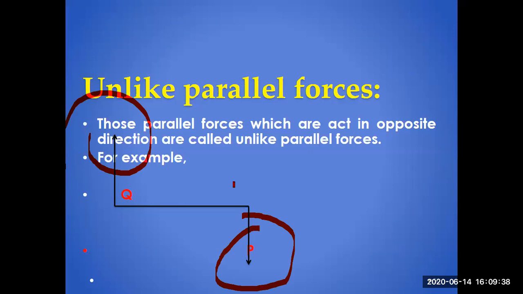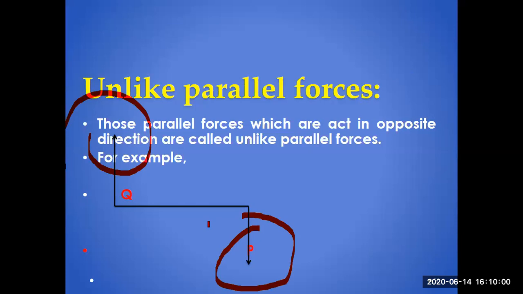The line of action of the force is the same, that's why they are called parallel. Here it is P, and here it is Q. P is acting in this direction, Q is acting in the other direction. So these are called unlike parallel forces.